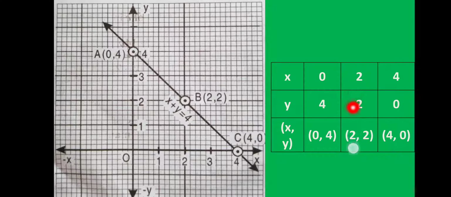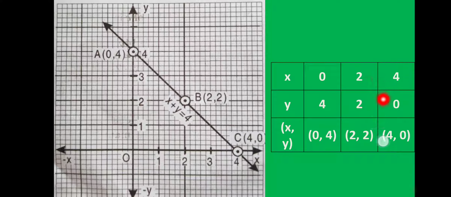The second point is 2 comma 2. Firstly we will find 2 on the x-axis, that is here. Then we will find 2 along the y-axis, so move along this line. 1, 2, here is 2, that means the point will be here, that is point B, 2 comma 2.